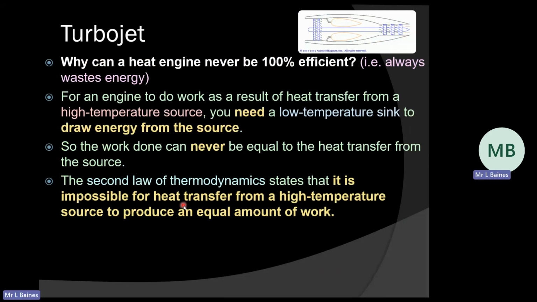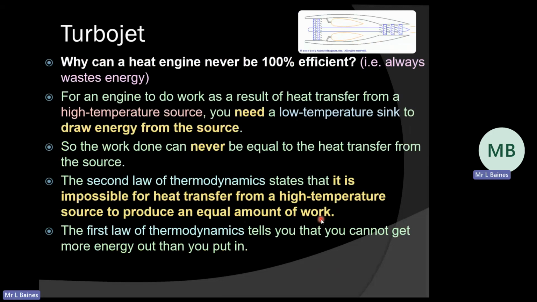It's impossible for heat transfer from a high temperature source to produce an equal amount of work. So I can't take all of that energy out of a hot object and convert it all into work, because I need a cold temperature there in order to draw that energy out. If there's no cold temperature, then it's no good.